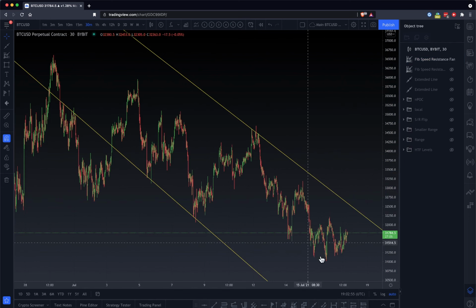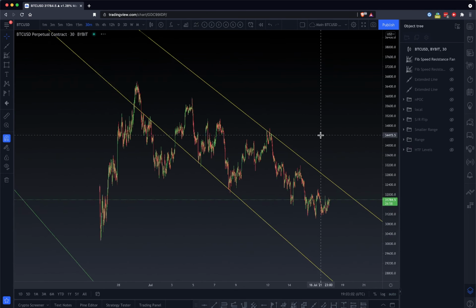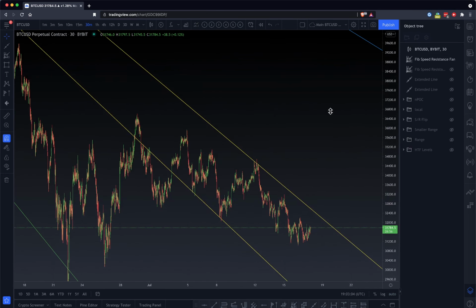We already can see that we are kind of bouncing between 618 and 66. And here resistance, here support, here support, here resistance.